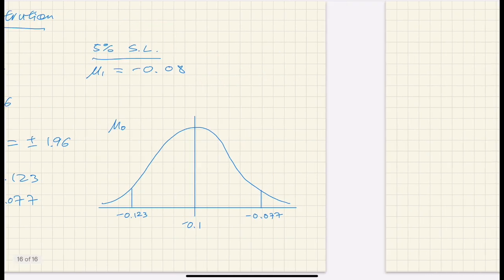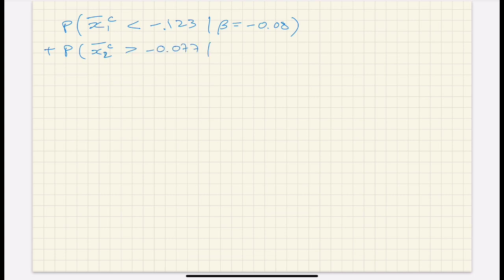So what we are going to do is basically calculate the probability of x1c bar being less than negative 0.123, given that the true value equals negative 0.08, plus the probability of x2c being greater than negative 0.077, given that beta equals negative 0.08.